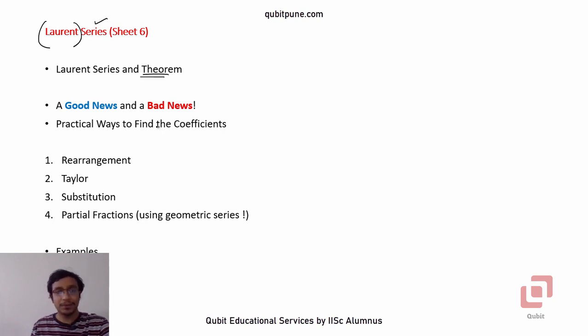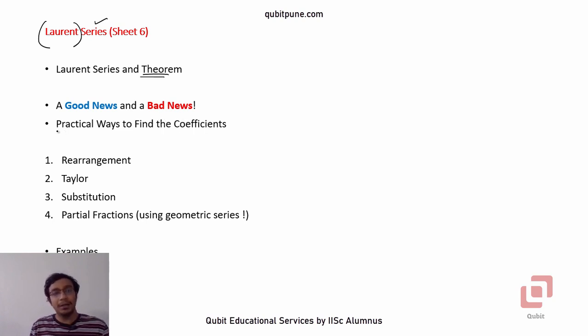I will tell you what the bad news and the good news about the coefficients is as we see the series in detail. It actually turns out that we seldom find the values of the coefficients by the formulas.